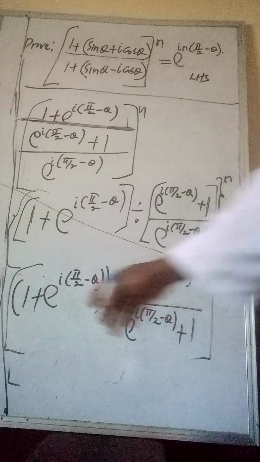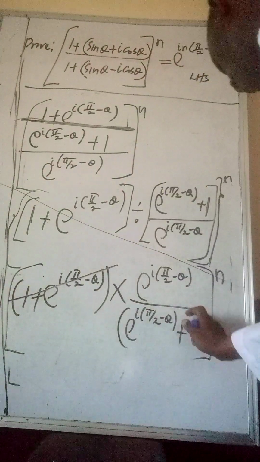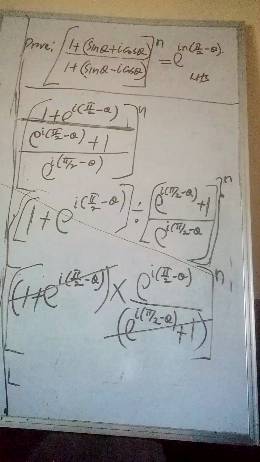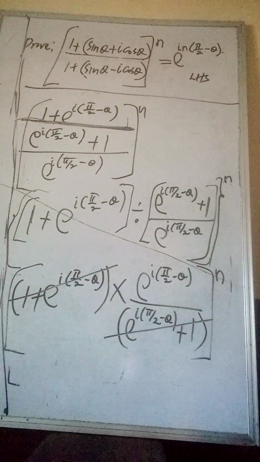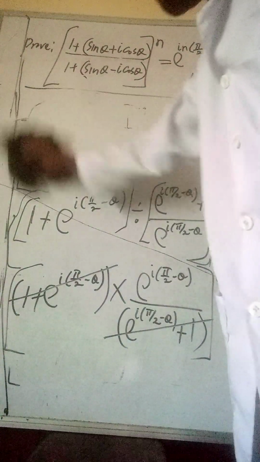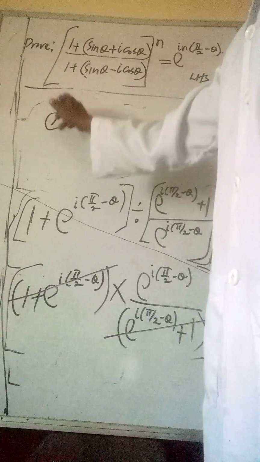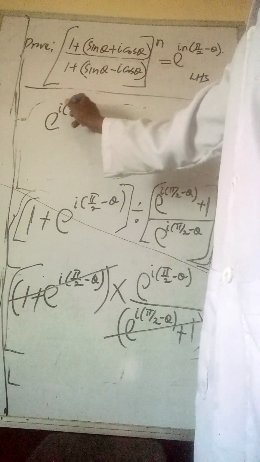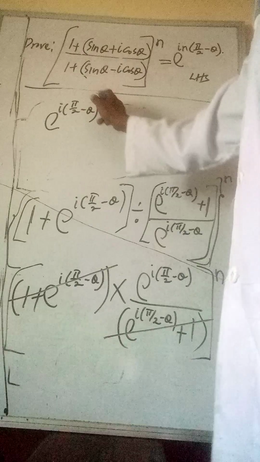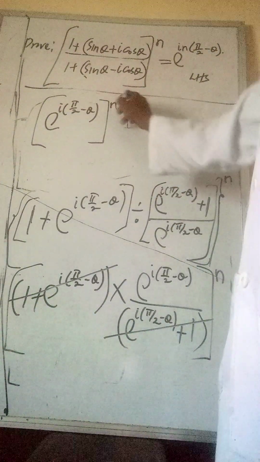Alright, it's obvious that these and these are the same. Look at this. They are the same. So that means, what do I have left? It's obvious that I'm having only e to i open bracket pi over 2 minus theta, then a bigger bracket raised to power what? n.